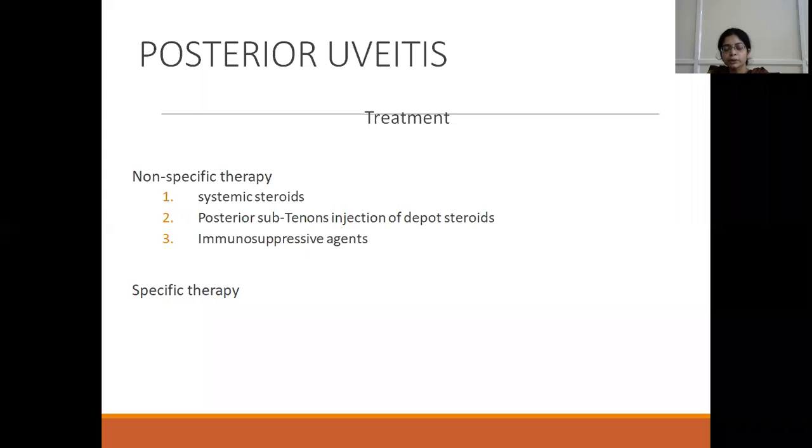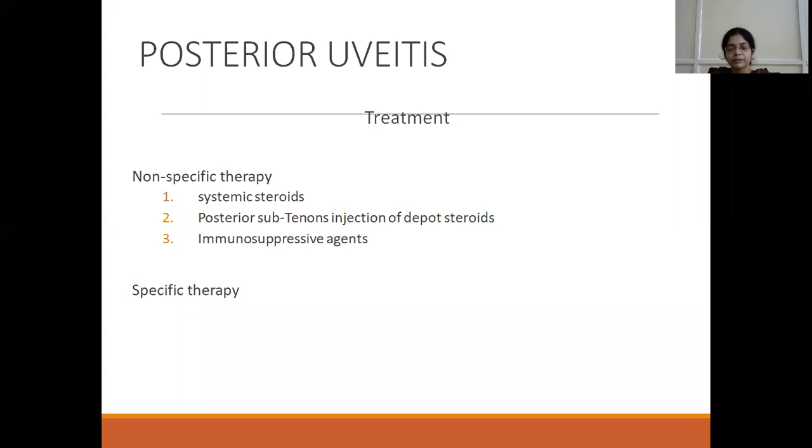So posterior uveitis would also require steroids as the primary treatment to control the inflammation. But what is important is posterior subtenon injection of depot steroids, triamcinolone acetonide. If it's not responsive, systemic steroids can also be given. And if still not responsive, you can substitute it with immunosuppressive agents.